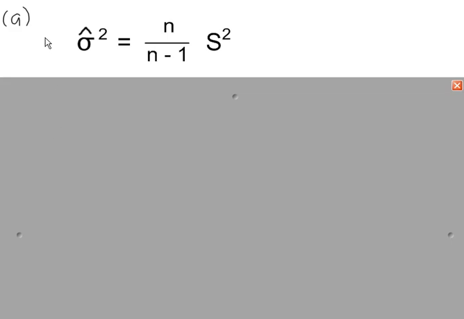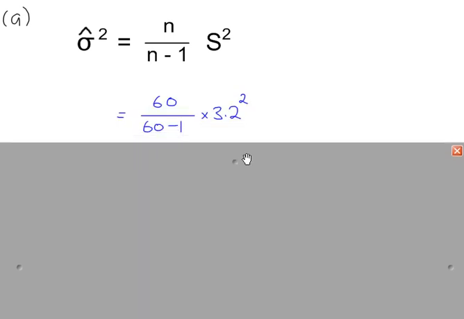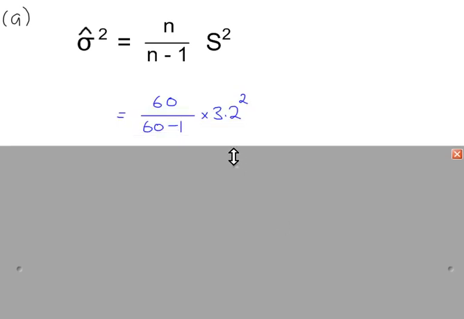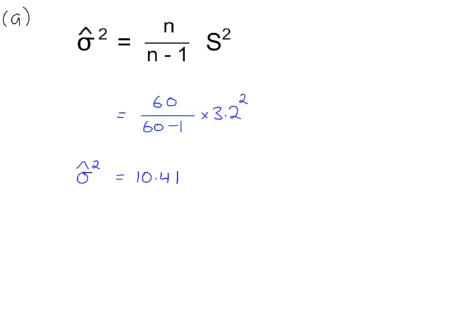Using the formula here to work out an unbiased estimate of the population variance, and substituting the values of n and the sample standard deviation in, we get the value 10.41. So we can use this value as an unbiased estimate for the population variance.